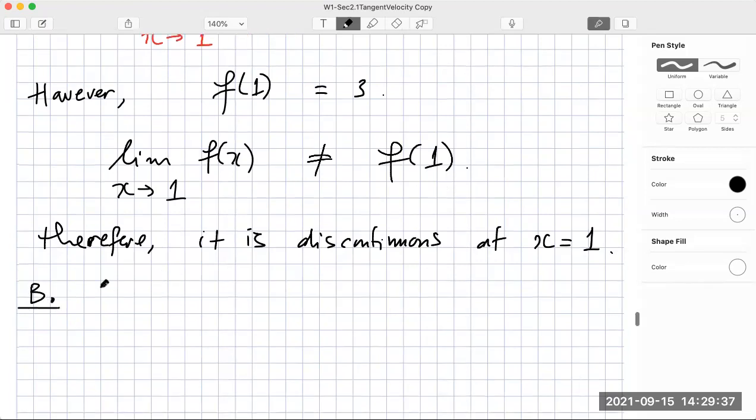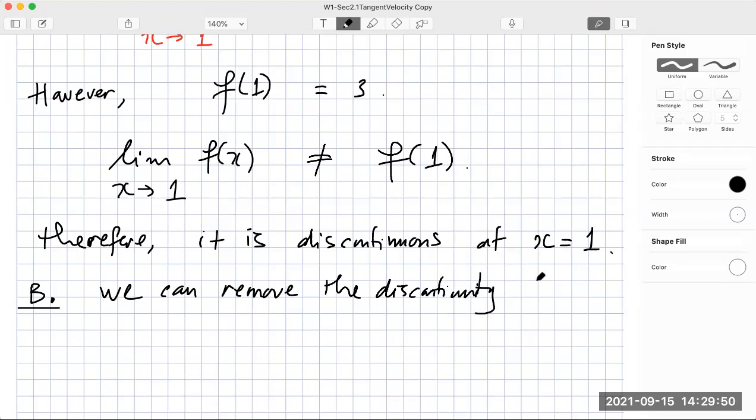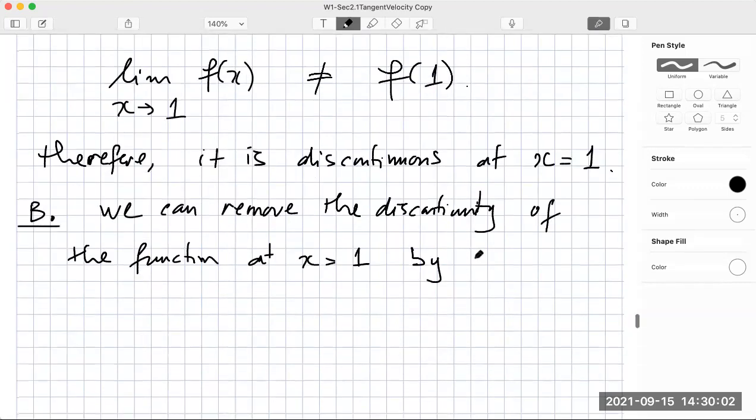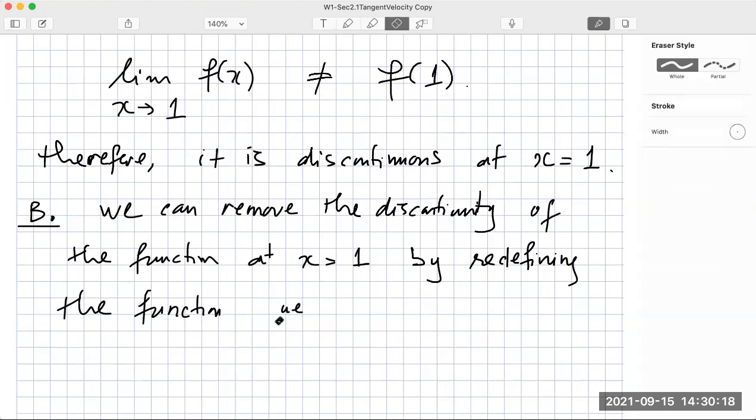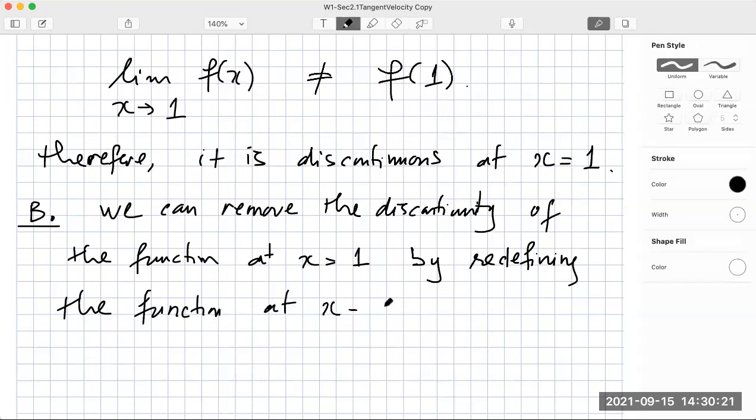So we can remove the discontinuity of the function at x is equal to 1 by redefining the function value, redefining the function at x is equal to 1.